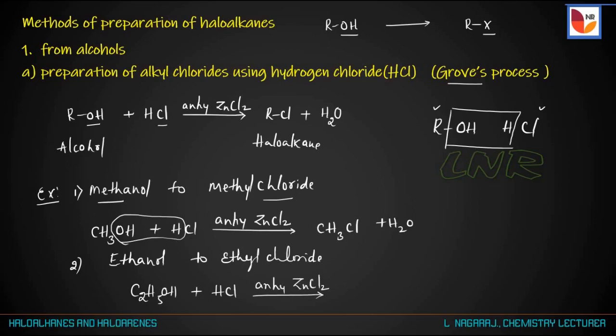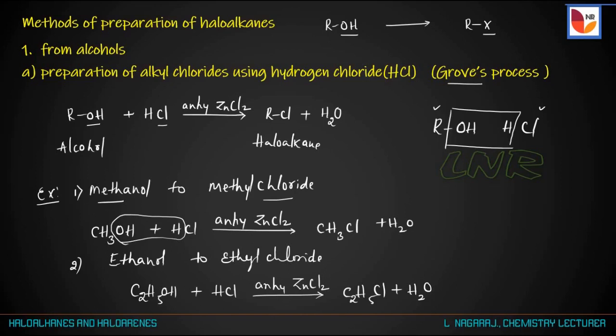So it gives the product C2H5Cl and water molecule, that is H2O. That is, when the ethanol reacts with the concentrated hydrochloric acid in the presence of anhydrous zinc chloride, it gives ethyl chloride, or it is to be called as chloroethane.